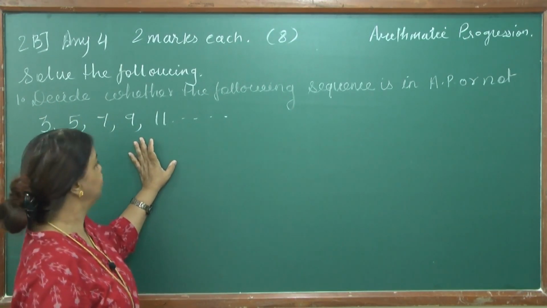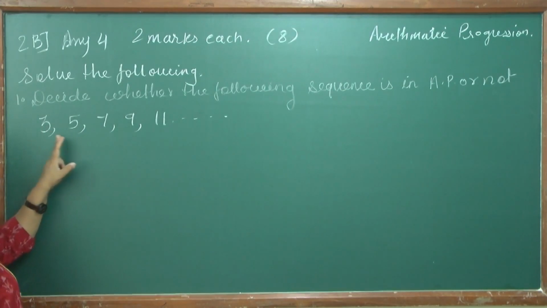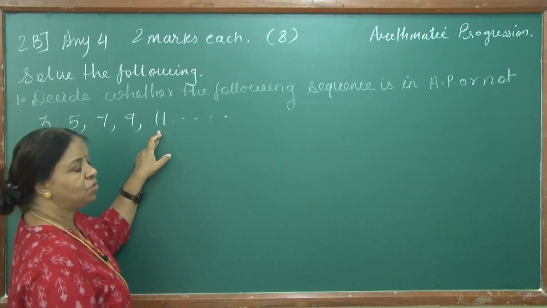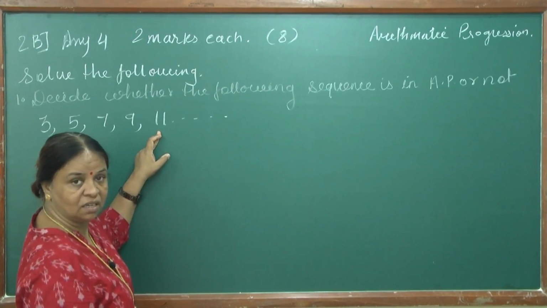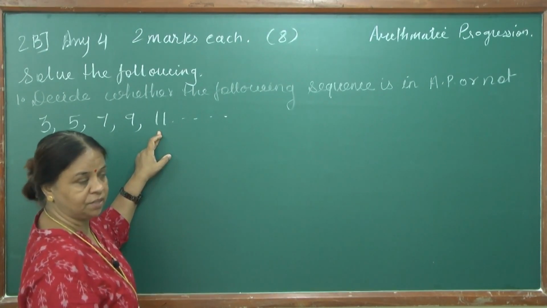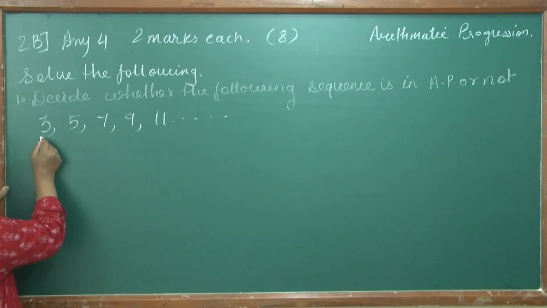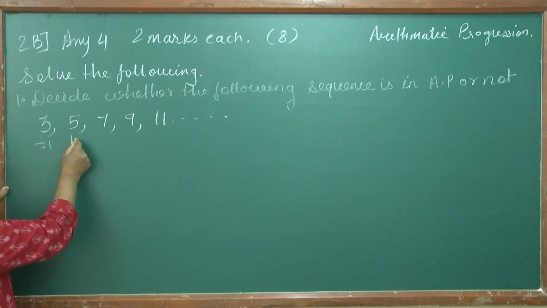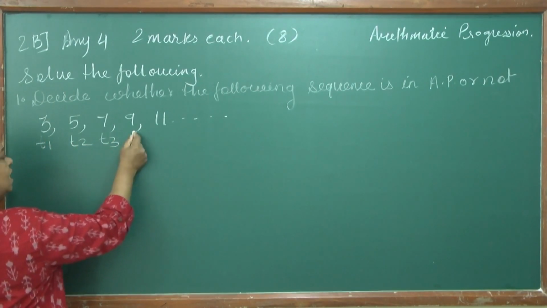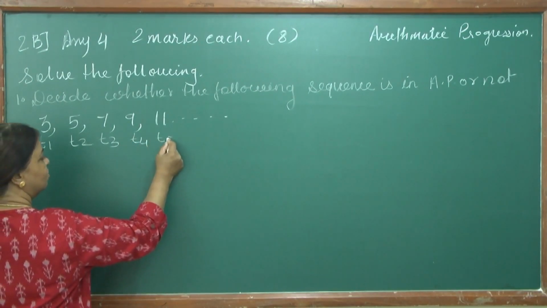The first question. The sequence is given: 3, 5, 7, 9, 11, and we have to decide whether it is in AP or not. So let's begin. The first term is T1, second is T2, third is T3, then T4 and T5.